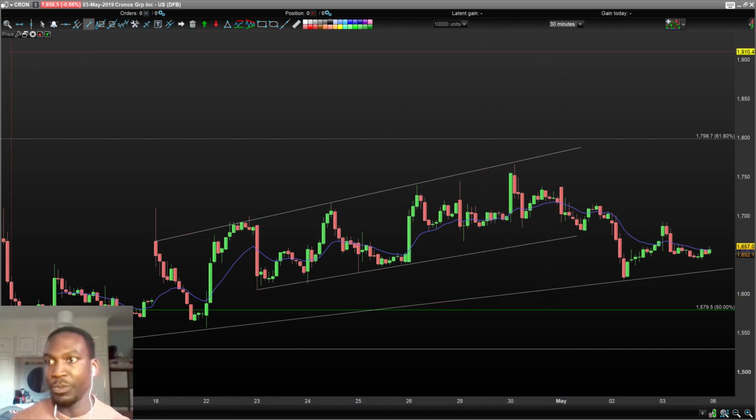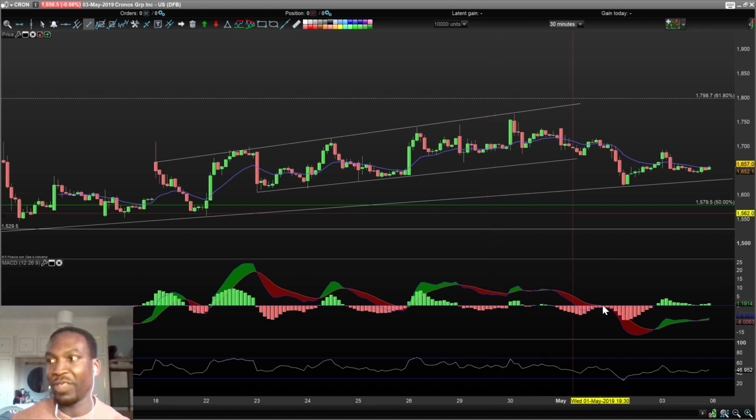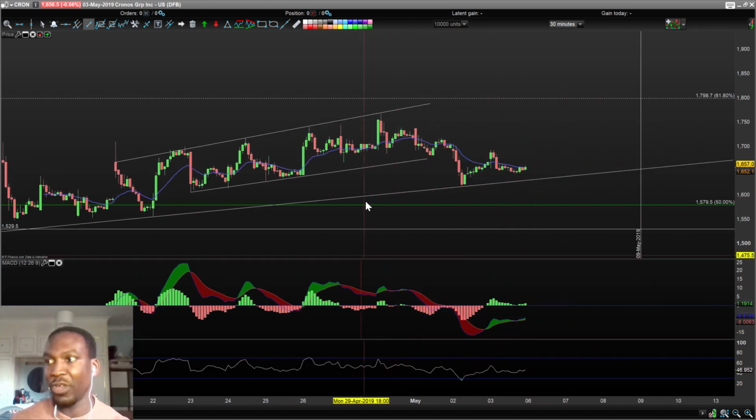It's not the prettiest sight, but there was a channel pattern, because it stayed true to this section. Now when it got to here, it started losing momentum, and I identified it as a bear flag primarily because you could plot a line from here to here. So the price was making lower lows, but within the channel.